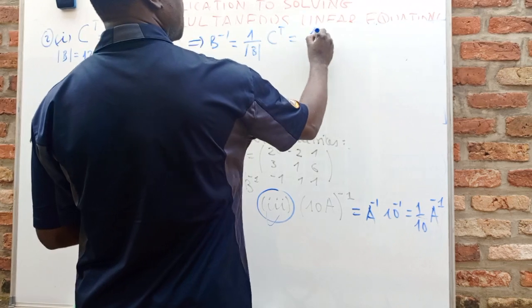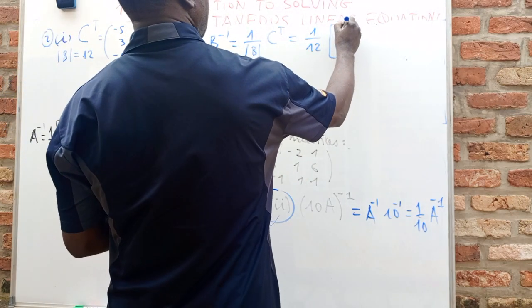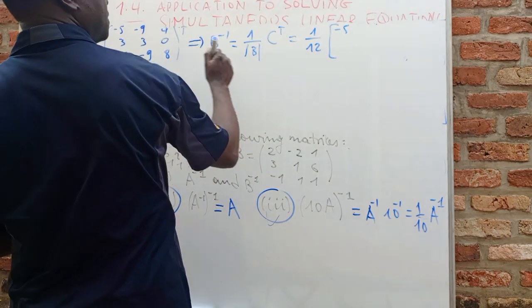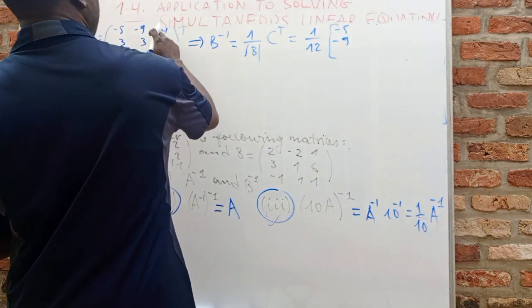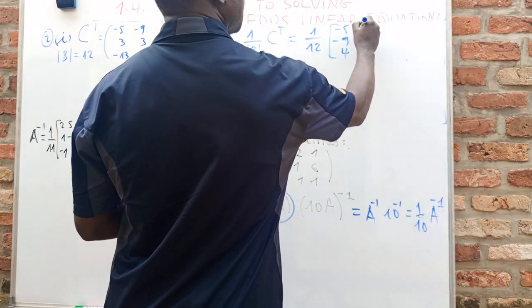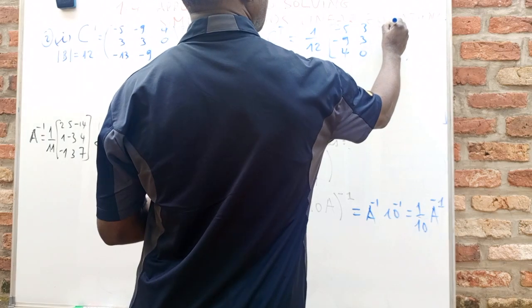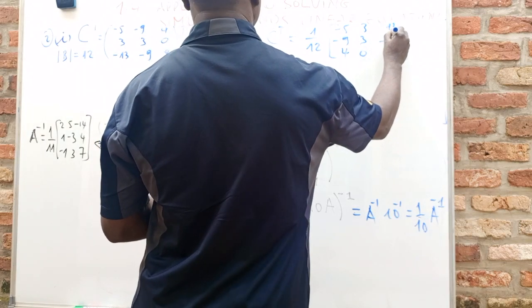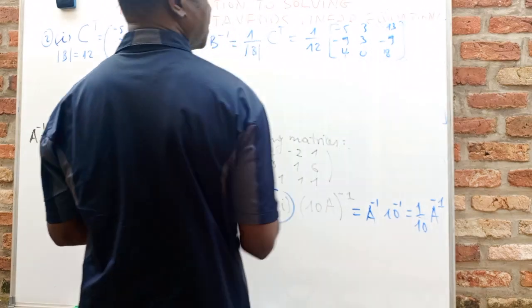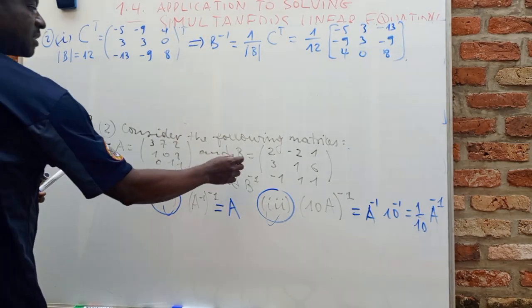This is 1 over 12, first column negative 5, negative 9, 4, second column 3, 3, 0, third column negative 13, negative 9, 8. Okay, this is the inverse of matrix B.